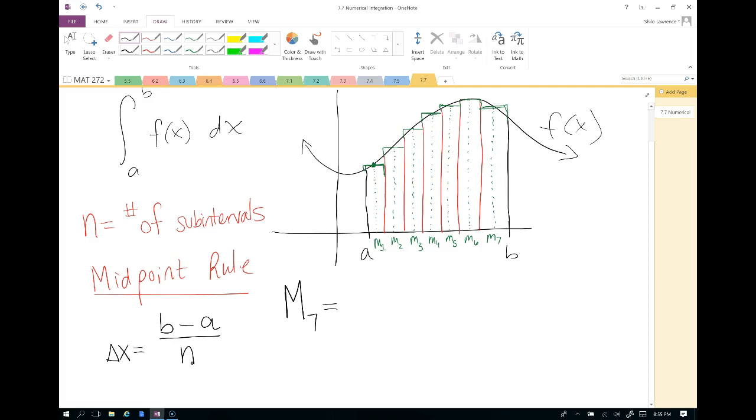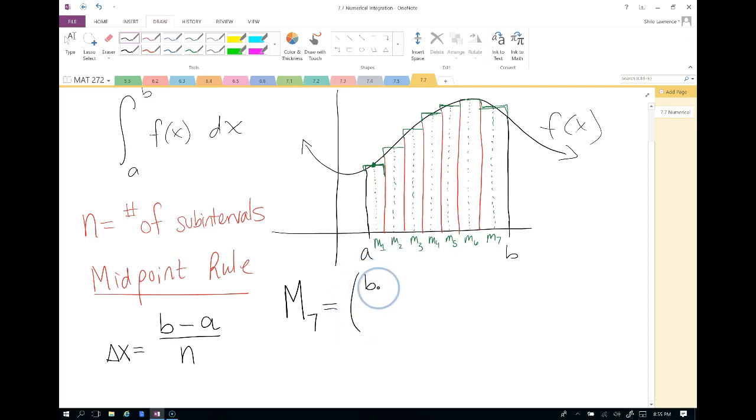A quick calculation for the width of each of those rectangles along the x-axis is b minus a divided by n. The a and the b we get from the original integral, and the n is the number of subintervals that we want to break it up into. That will give us the width for each of these rectangles.